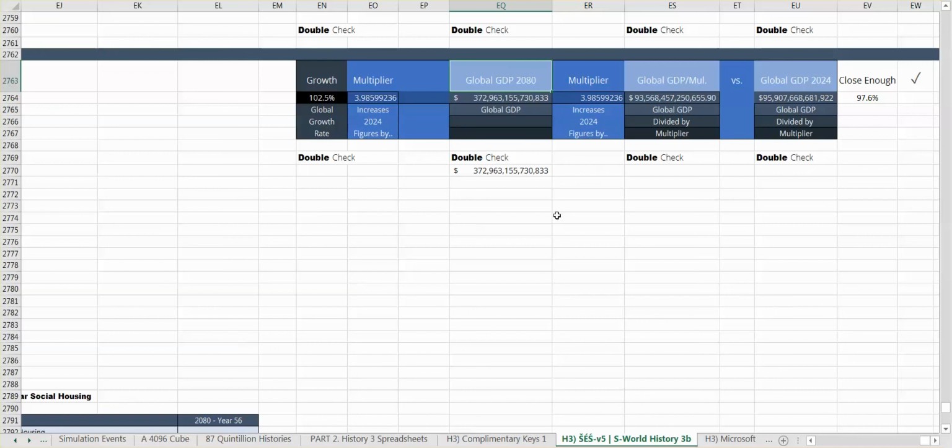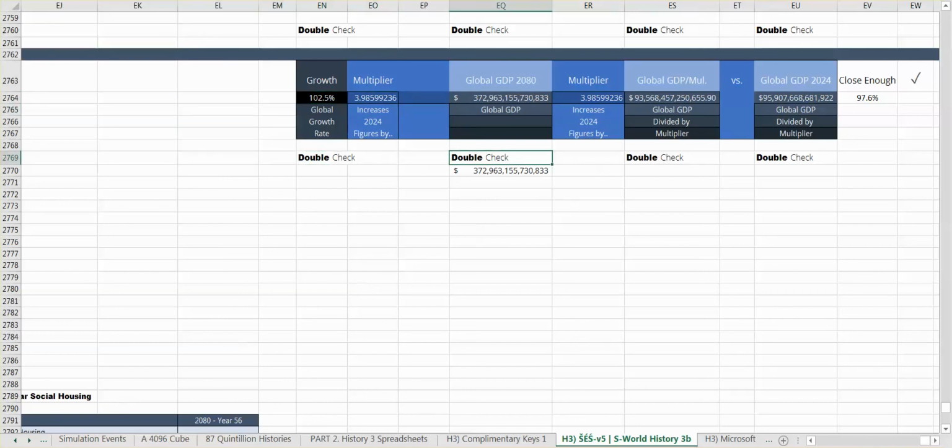Global GDP, 2080, multiplier, global GDP versus... okay, yeah, we're basically working out that whatever the price of goods and services in 2080 is going to be 3.9 times as much in 2080. And when we do the figures on that, it's 97% of something. I can't tell you exactly what. I'd have to double check what we're looking at there, but there is another double check.